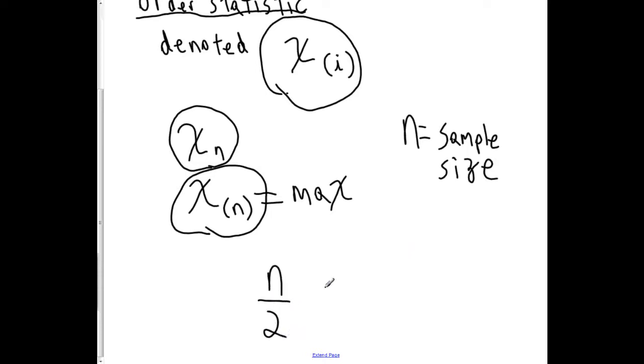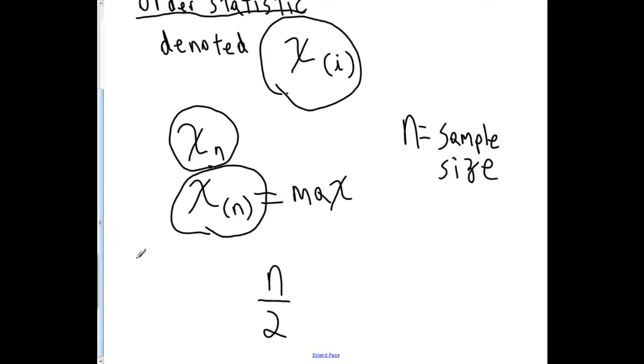Now there are two cases for n over 2. N over 2 can either be a whole number or a decimal number. If n over 2 is a decimal, we just round up. But if n over 2 is a whole number, then we end up averaging two order statistics.